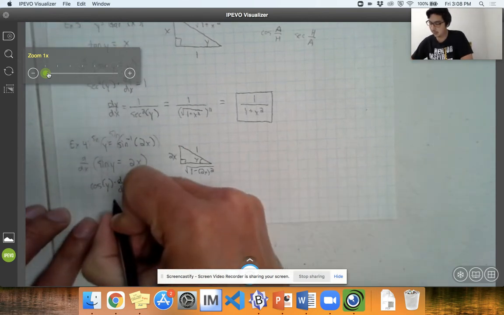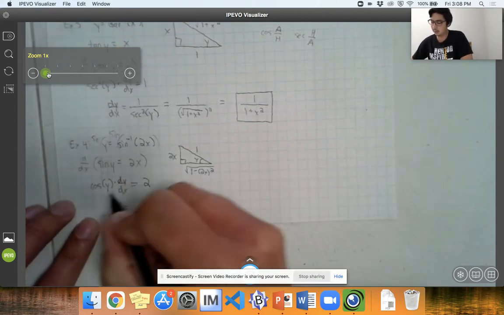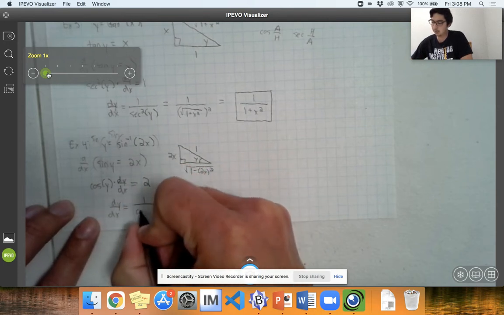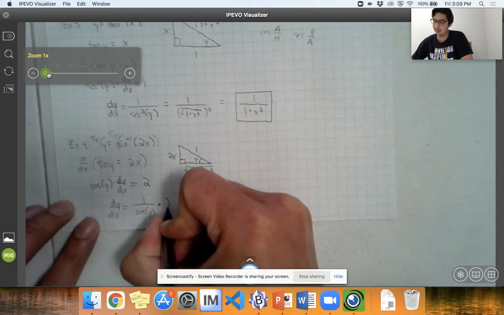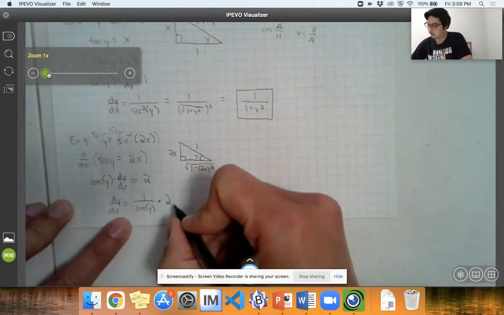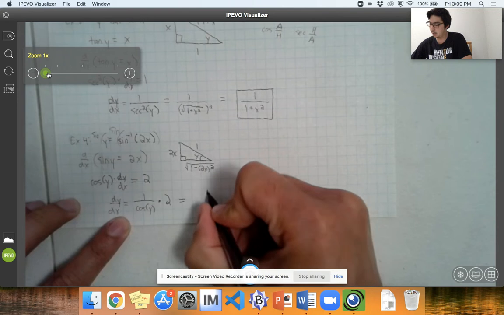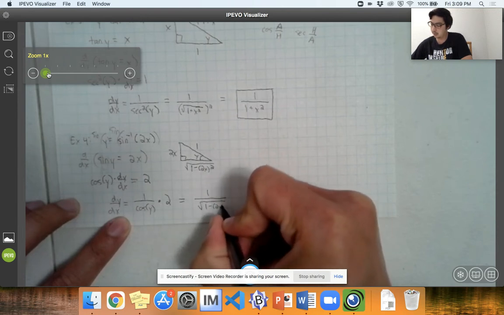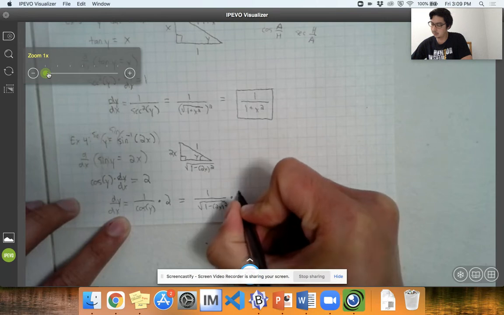And notice what I get here is dy dx equals, if I divide this over, 1 over cosine of y times 2. And I'm going to keep that outside for a reason, to help you see something. Cosine of y in this case is the square root of 1 minus 2x squared, and then times 2.